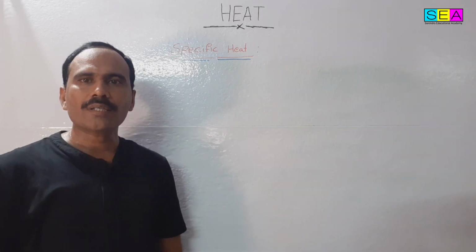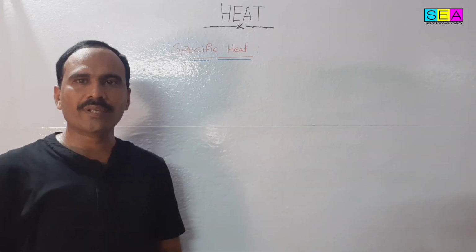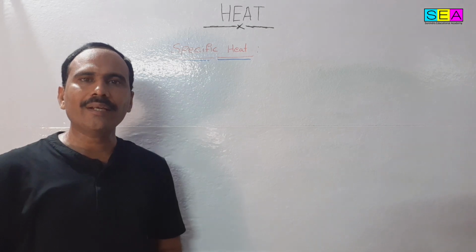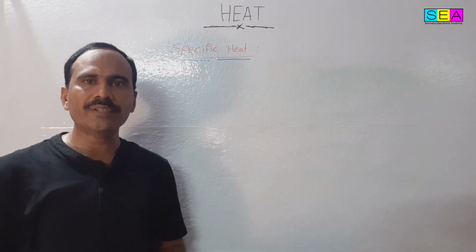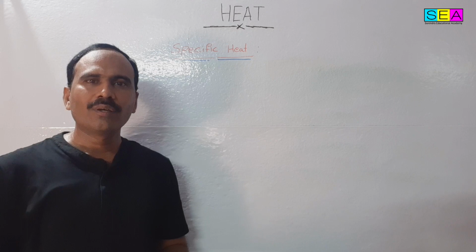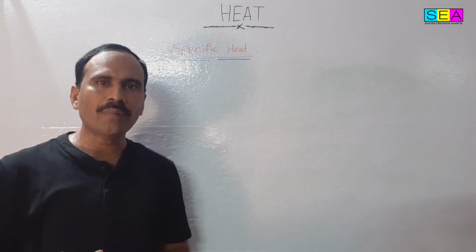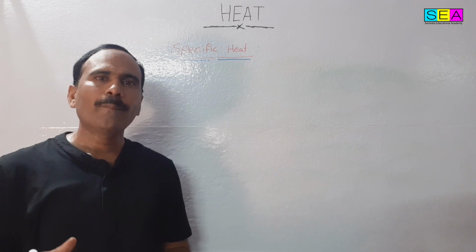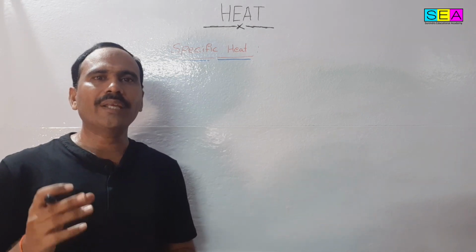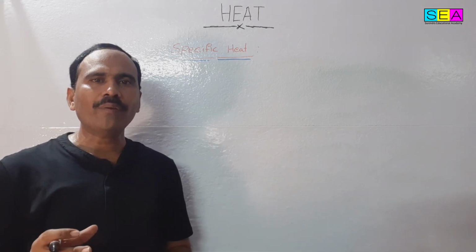If we know the specific heat of the substance, we can calculate the quantity of heat energy required to raise the temperature of 1 unit mass of the substance by 1 degree or by 1 unit.